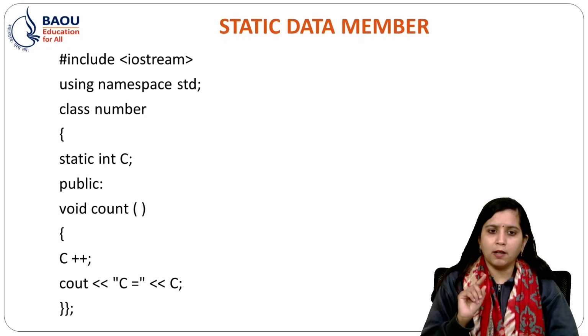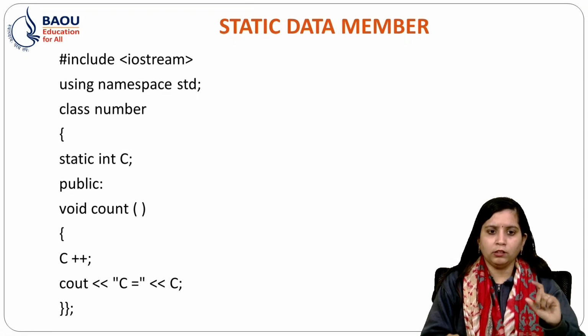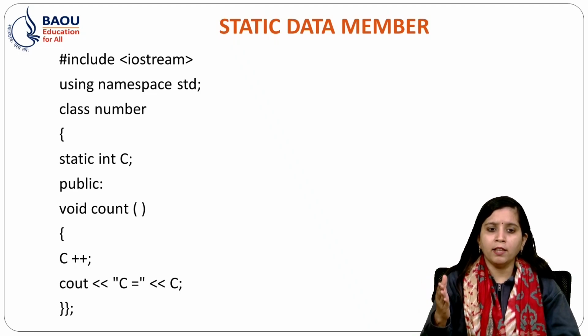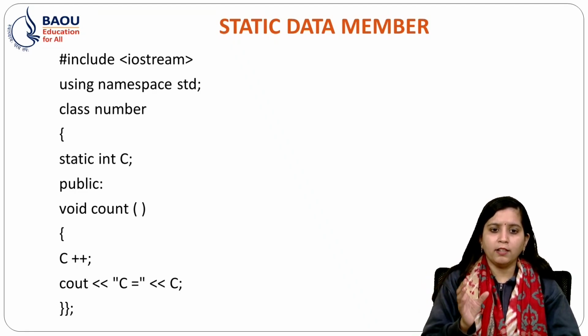I have class number in which I have static int C, that is C is a data member and static is a keyword, and void count is my member function.